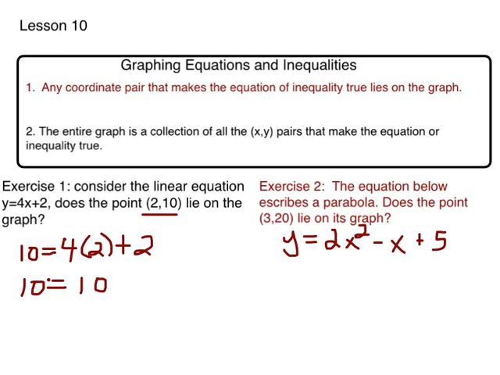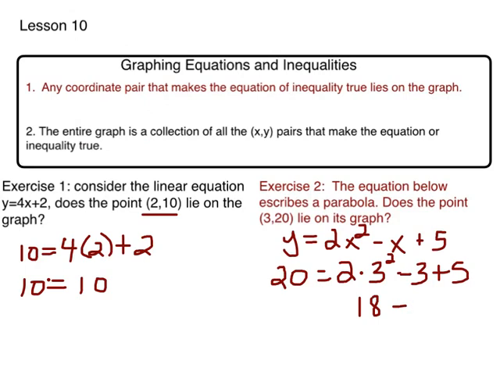Let's go to exercise 2 now. The equation y equals 2x squared minus x plus 5 describes a parabola. Does the point 3, 20 lie on this graph? So plug in our information. 20 is my y. 2 times 3 squared minus 3 plus 5. 3 squared is 9. 9 times 2 is 18.